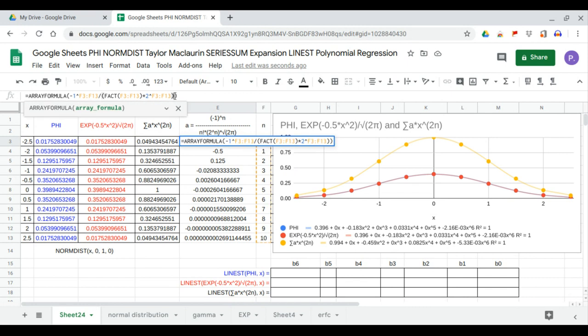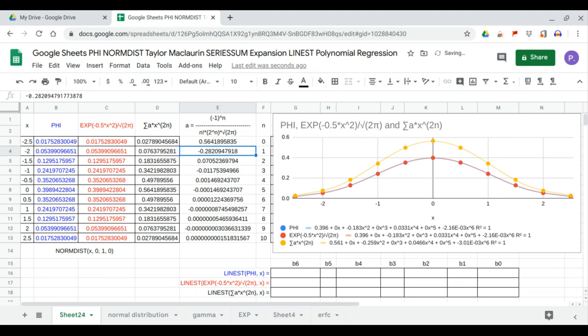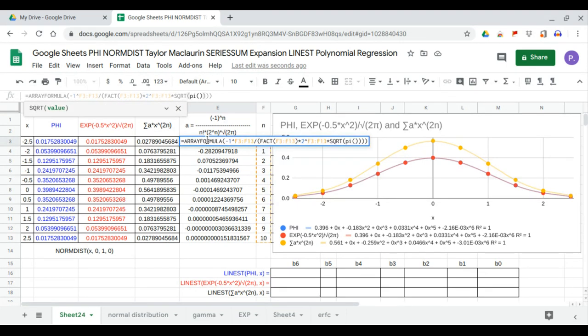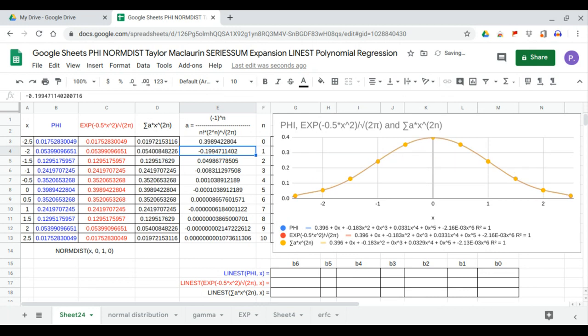The third part is the square root of 2 pi times, let's work on pi first. We're getting there. We add 2 times pi. Finally, we found it, we got it.